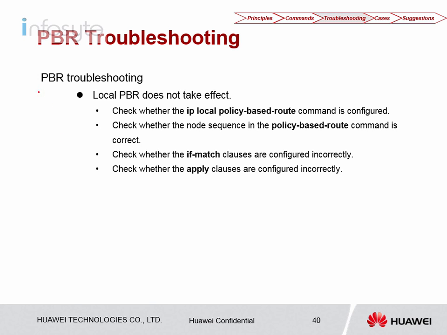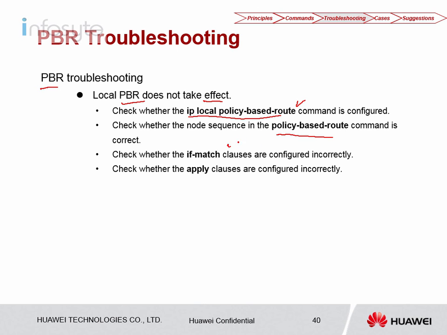Next, we look into the PBR troubleshooting. In the example earlier, we saw that PBR works on the forwarding plane. If your local PBR does not take effect, most likely you have not configured the command ip local policy-based-route. Once you configure your policy based route, you need to apply it in the local policy, referring to your local router.